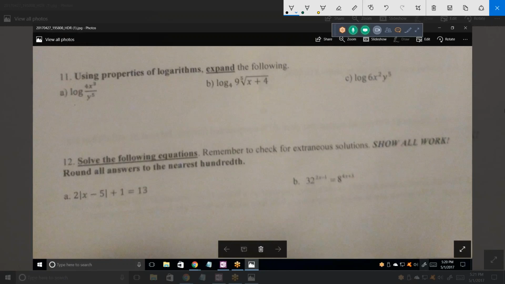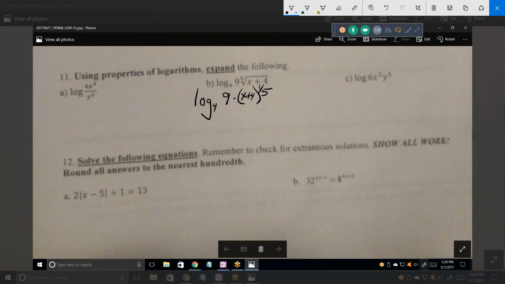So always change your radical sign to a fractional exponent. So how would I write this? Log base 4 of 9 times x to the 1/5 power, and so on.